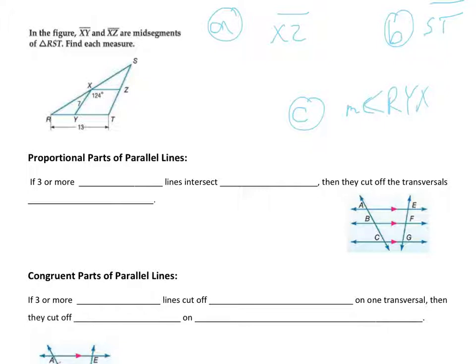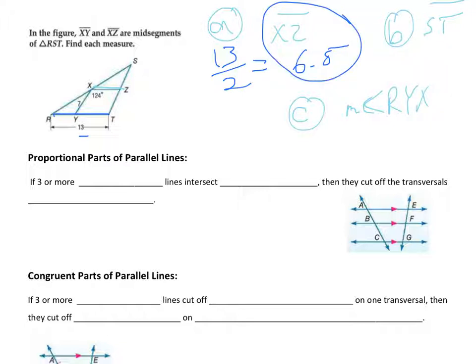Well, look at XZ. It's right here. It is a midsegment. That means it's half of RT. Look at RT. It's 13. So XZ is half of 13, which is 6.5.